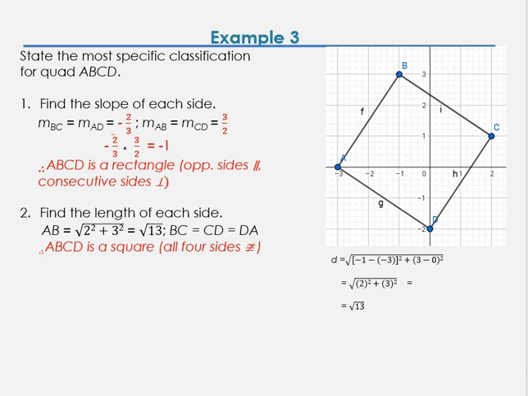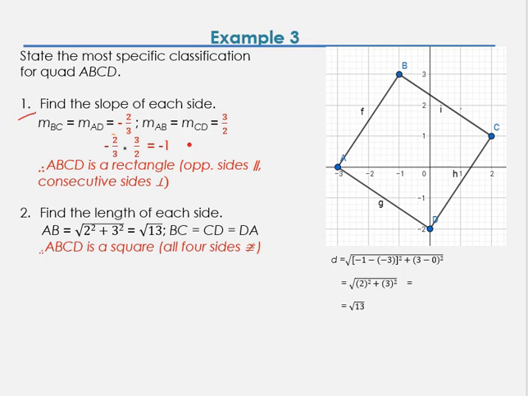So we have our points, and it asks us to, number 1, find the slope of each side. So you take a look at this, and I'm going to just eyeball this right now, and I'm going to state that BC equals AD, which is its opposite side.